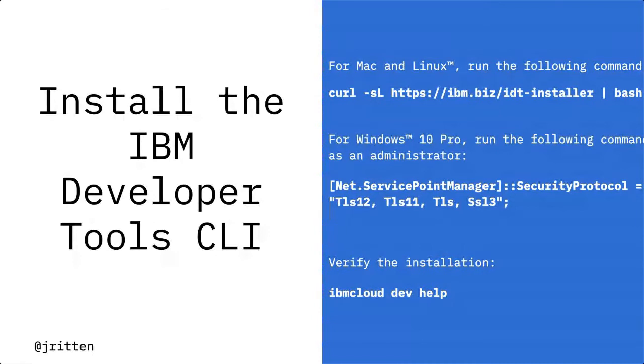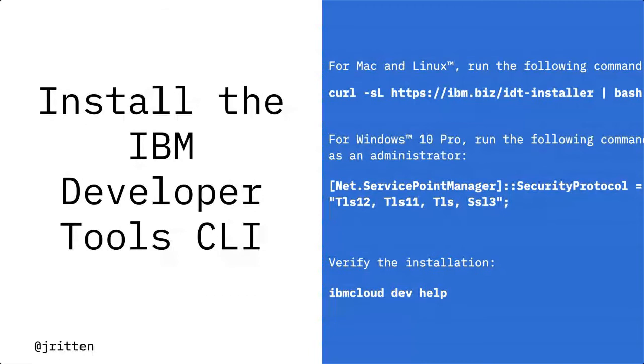So first we have here, I hope you all can see it. Let me make sure. Oh no, you can see it. I thought it might have been cut off a little bit on my screen, but I think you have it. So for Mac and Linux, we're going to run the curl command.